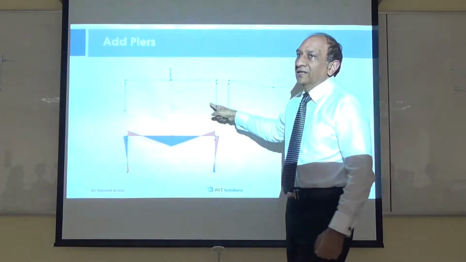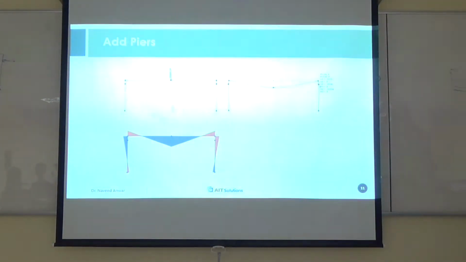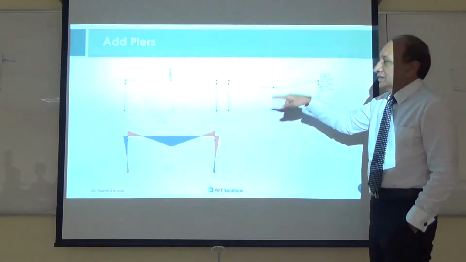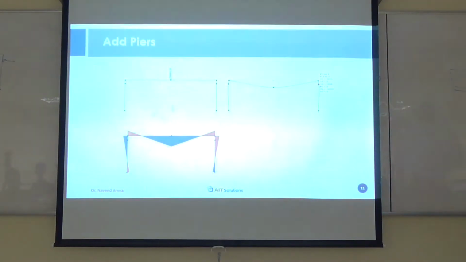If you model it thinking that you are going to model it as a frame, you will again be wrong. So we need to modify this connection in such a way that the moment is not transferred, but horizontal forces are transferred to that one.